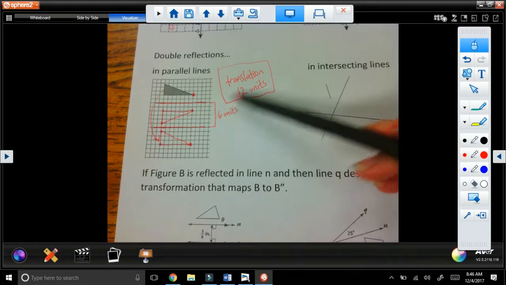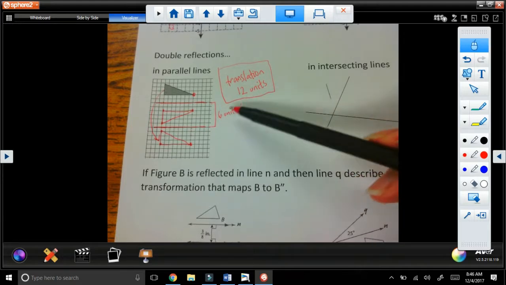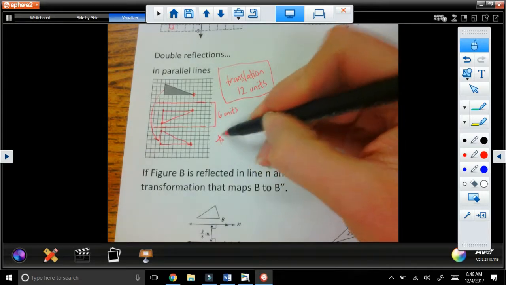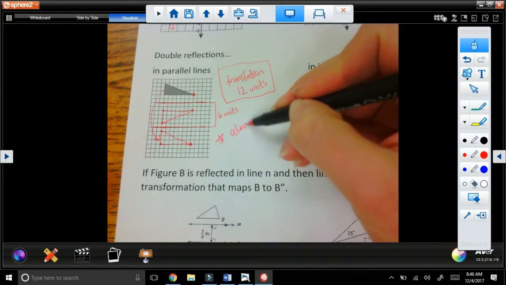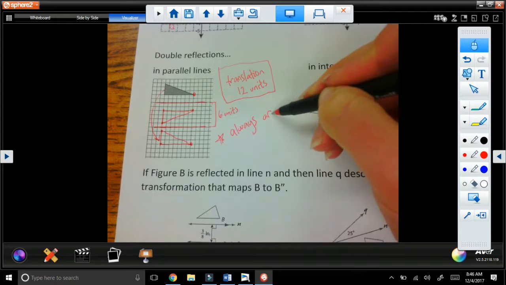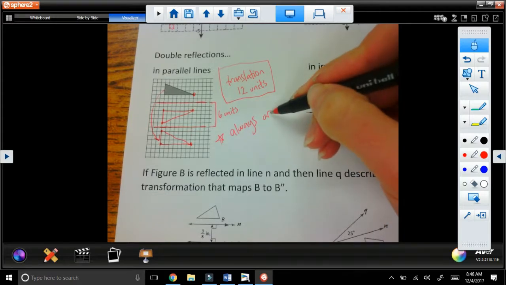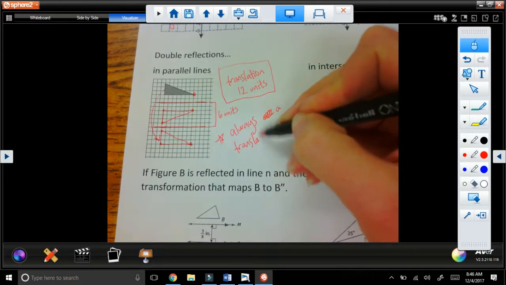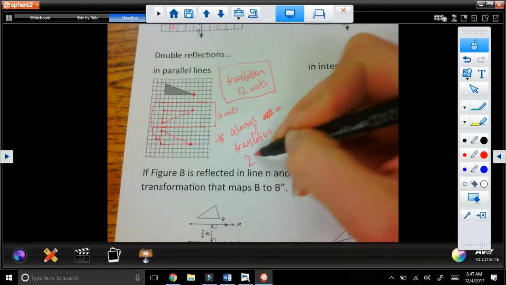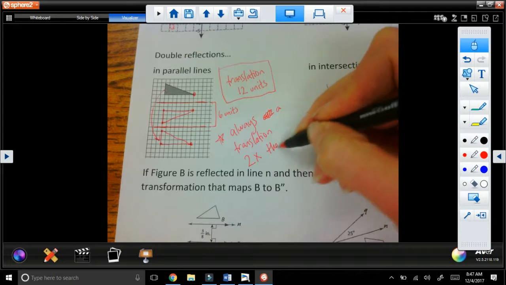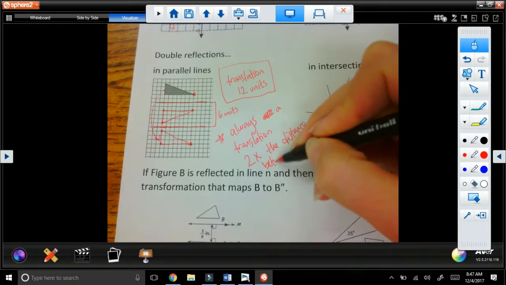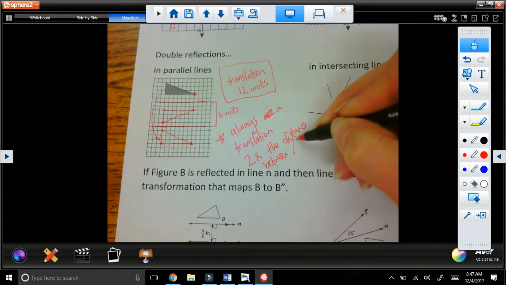And it is not a coincidence that these numbers are what they are. This translation will always be a translation 2 times the distance between the parallel lines.